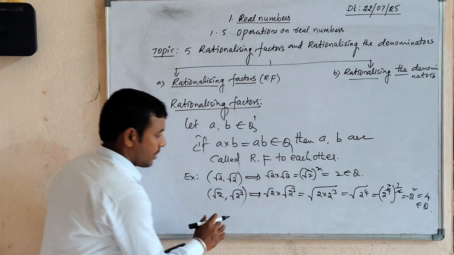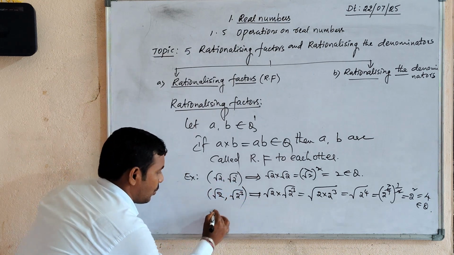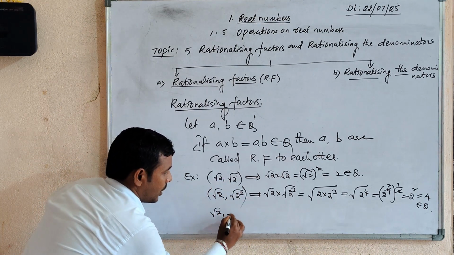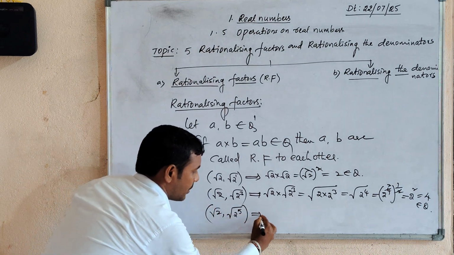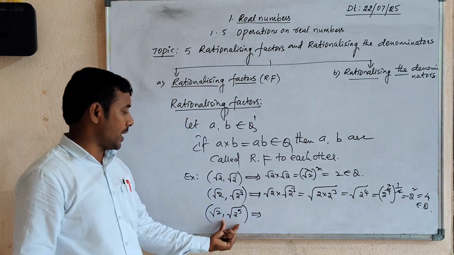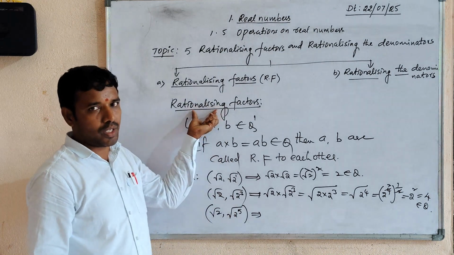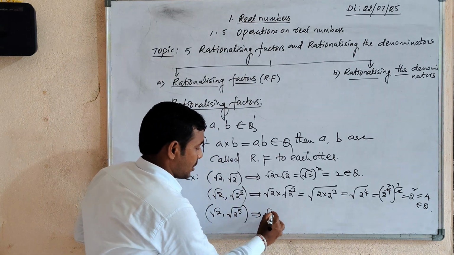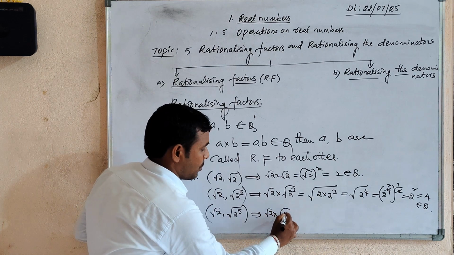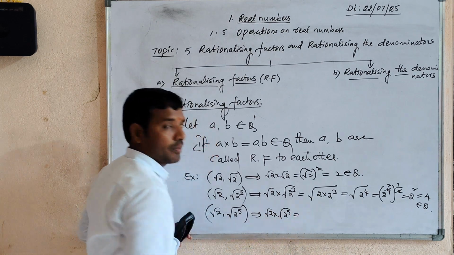See carefully: square root of 2, square root of 2 to the power of 5. This is another example of rationalizing factors. Once you go through their multiplication, square root of 2 into square root of 2 power 5, what is the answer?